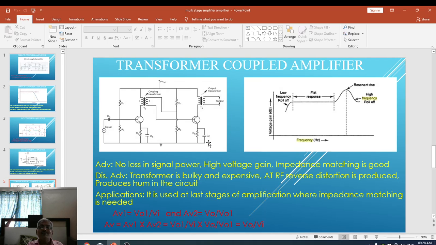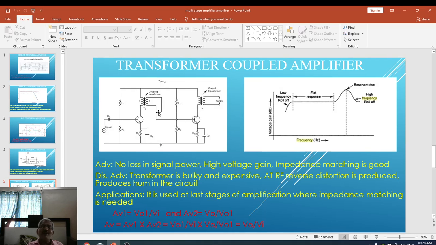Friends, you may consider the DC coupled amplifier, the RC coupled amplifier, or the transformer coupled amplifier. The only change we observe is in the coupling component. In the DC coupled amplifier, the coupling component is absent. In the RC coupled amplifier, R and C are present to couple the output of the first stage as an input to the second stage.